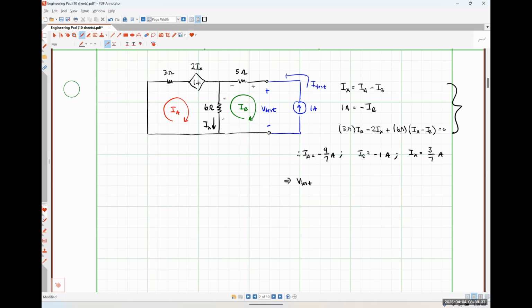Okay. So that's going to give me V test is equal to 5 ohms times 1 amp plus 6 ohms times (IA, which is -4/7 of an amp, minus IB, which will be +1 amp).